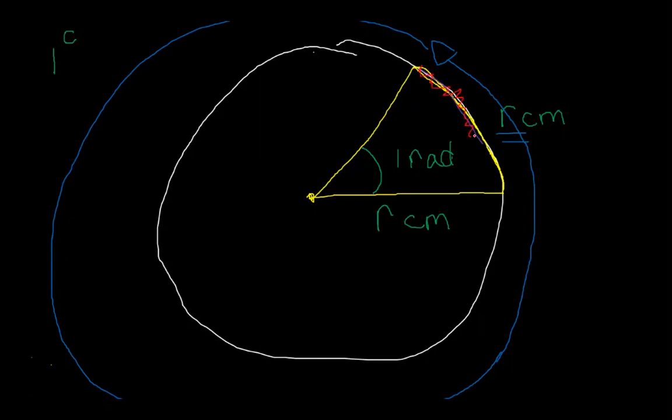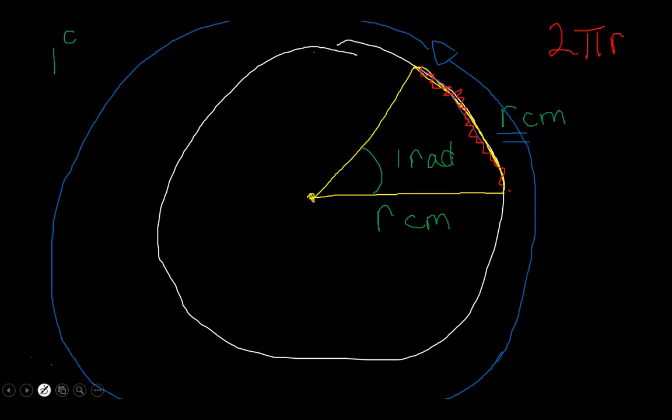How many of these arcs can you get in this whole circle? We know that the circumference is given by 2 pi r. We know that formula from lower level maths. So how do we find out how many times I can get this length in the whole circumference?